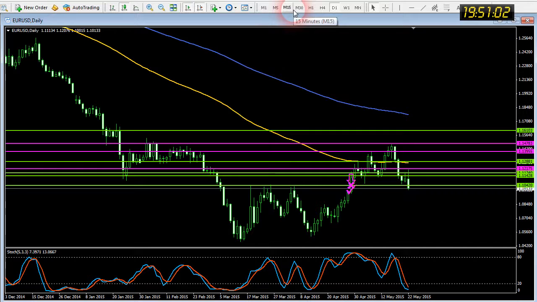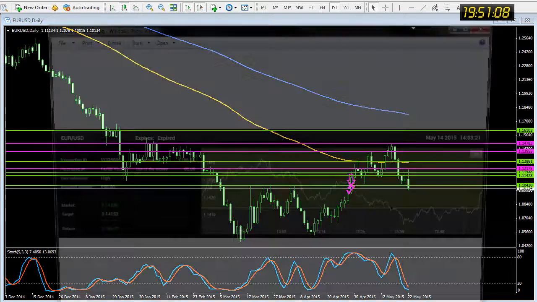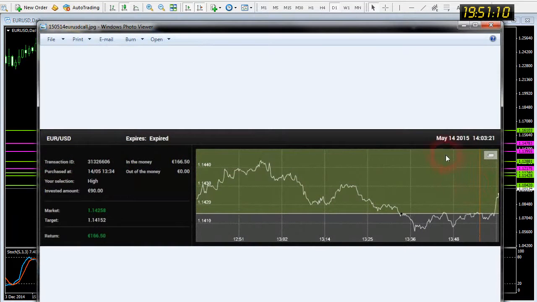Now I want to talk about how I use these patterns I keep talking about. For example, let me show you a trade here. I like to take them at full or half hours, meaning, for example, if the clock is 8 o'clock or 8:30, or in this case 13:30, near half or near full hours.